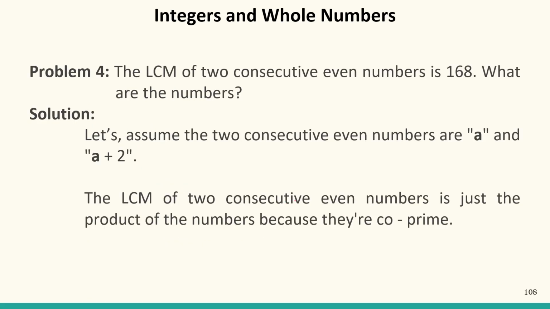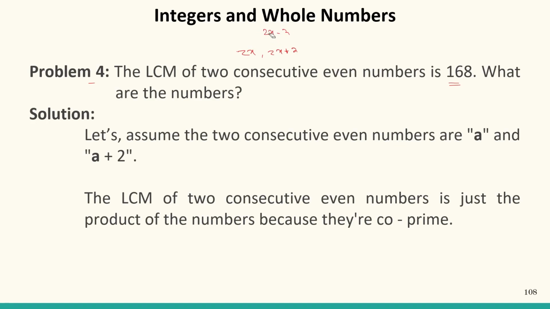So let's go forward with problem number 4. The LCM of two consecutive even numbers. So how can we actually get two consecutive even numbers? Abstractly, let one number be 2x, and the other number will be 2x plus 2. If you want to take two consecutive numbers, you can also take 2x minus 2.